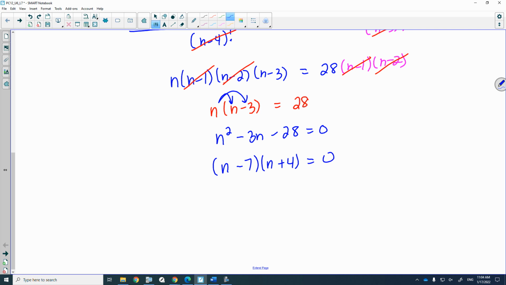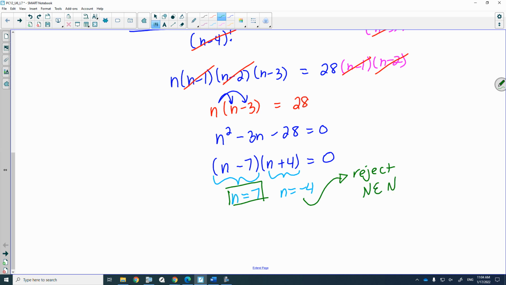Again, make sure you don't drop your 0. From here, you could solve. n is equal to 7 and n is equal to negative 4. The answer, though, is going to be n is equal to 7. We're going to reject this, and we reject because n must belong to the element of natural numbers.